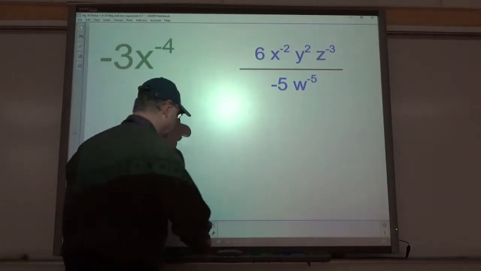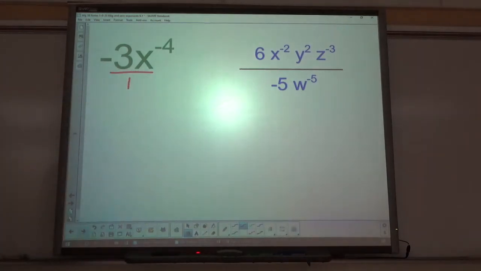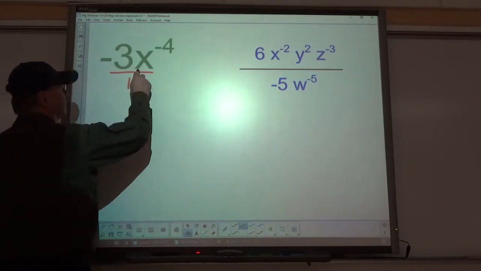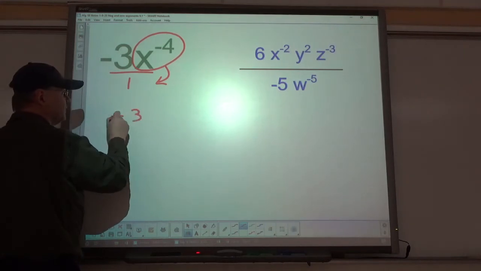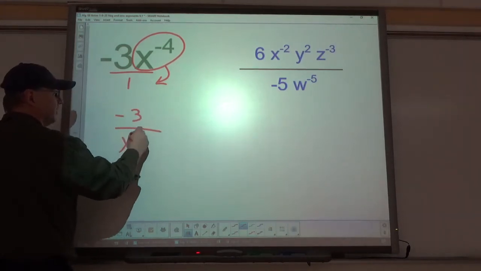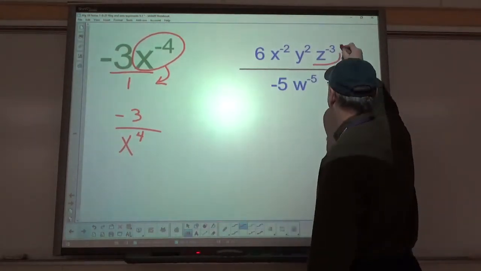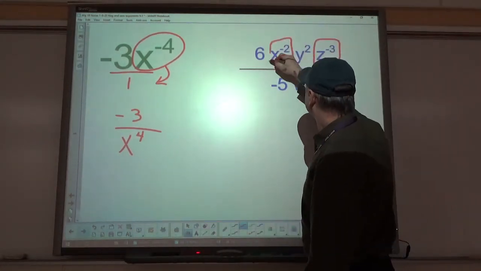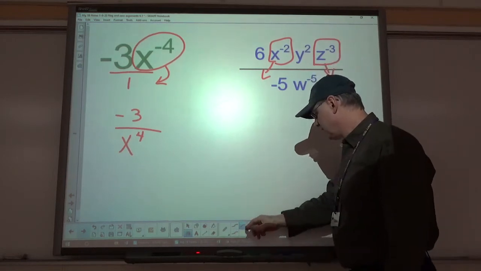All right, let's take a look at this. Again, if it's not currently a fraction, you can make it a fraction. And the only thing raised to a negative power here is the x, so I'm going to move it, and I have negative 3 over x to the positive 4. In this one, the z and the x are raised to negative powers, so those are going to both come down.